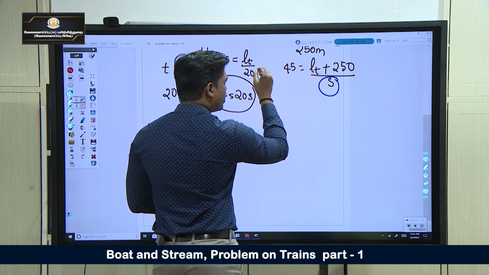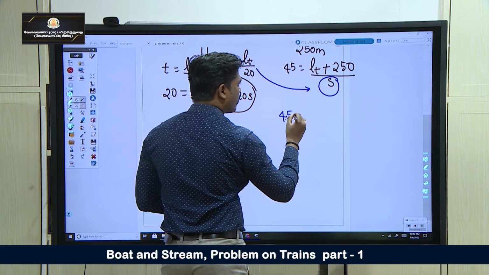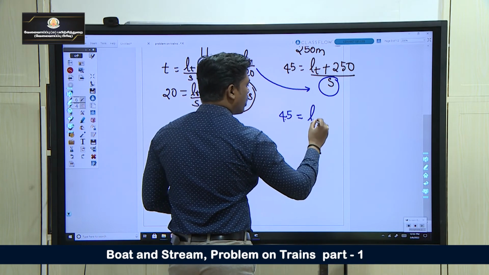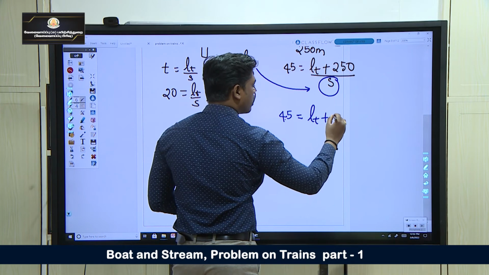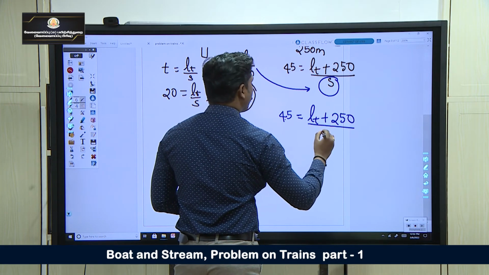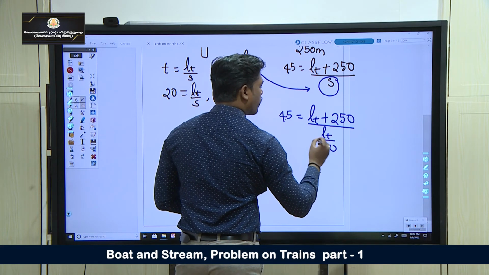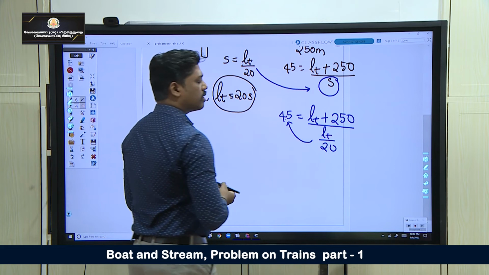Just substitute here. So, 45 is equal to length of train plus 250 divided by length of train by 20.